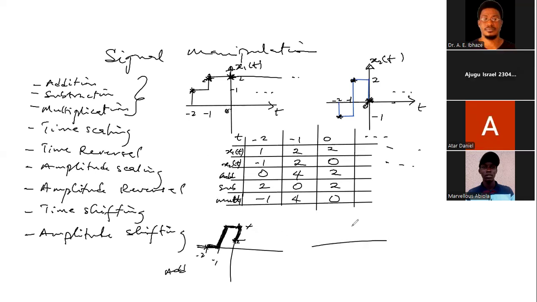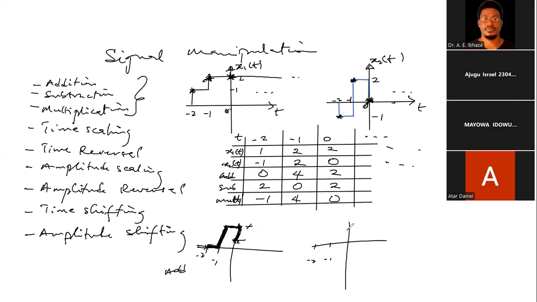Now for subtraction, at minus 2, minus 1, then 0. At minus 2, the signal is 2. So we plot at 2 here, right? Then at minus 1 is 0, so it comes down to 0.